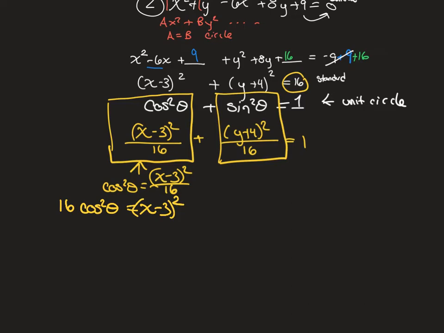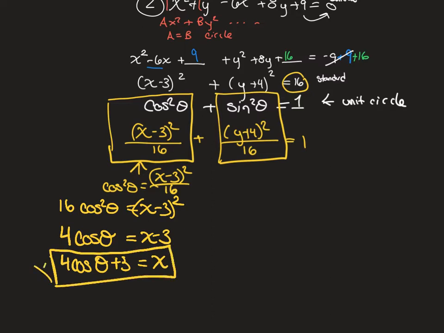I'm going to square root both sides. So the square root of 16 is 4, and then the square root of cosine squared is just cosine theta. And then I'm going to add the 3 over. So 4 cosine theta plus 3 equals x. There's the x part of my parametric equation.